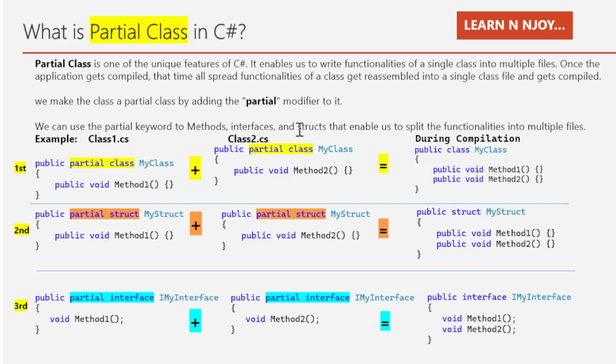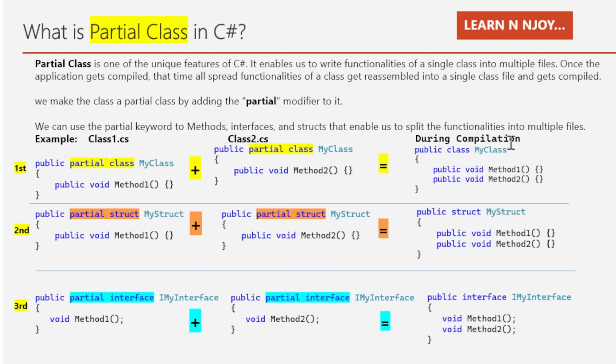Okay, let's try to understand with the help of the examples shown over here. Let's suppose we have two class files, class1.cs and class2.cs. In the first example, in the class1.cs file, we have a partial class named myClass. For this, I have applied the partial modifier to it. Once we add the partial modifier to a class, it becomes a partial class. In this part of the partial class, we have method 1. Similarly, in the class2.cs file, I wrote a partial class with the same name myClass and it has method 2.